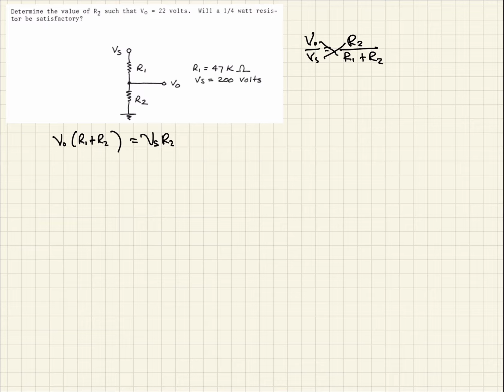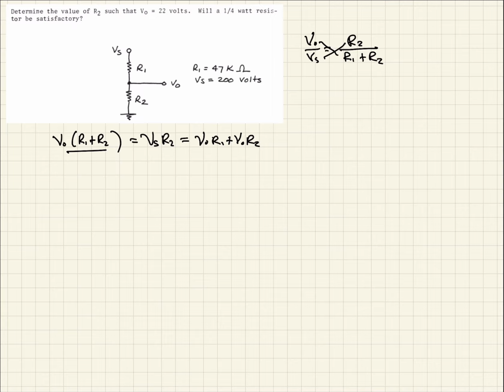Now we should be able to multiply this out. This would be equal to V0 times R1 plus V0 times R2. I just multiplied that through on this side. Now we want to get our R2s on the left-hand side.